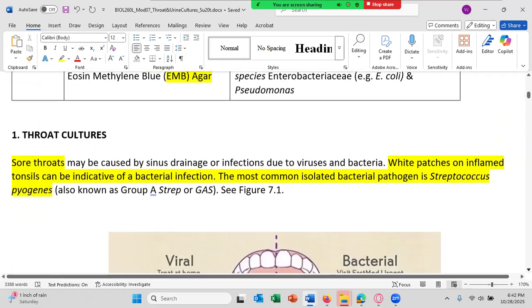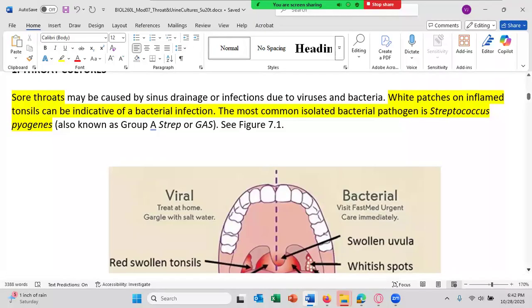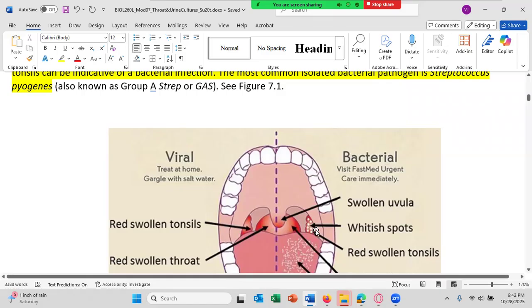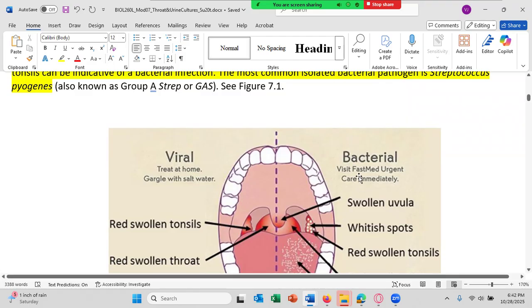All right. For throat cultures, a sore throat may be caused by viruses or bacteria. If the sore throat has redness and white spots, particularly in the back of the throat and the tonsils, the white spots are indicative of a bacterial infection. The redness, if it's only redness, is indicative of a viral infection.